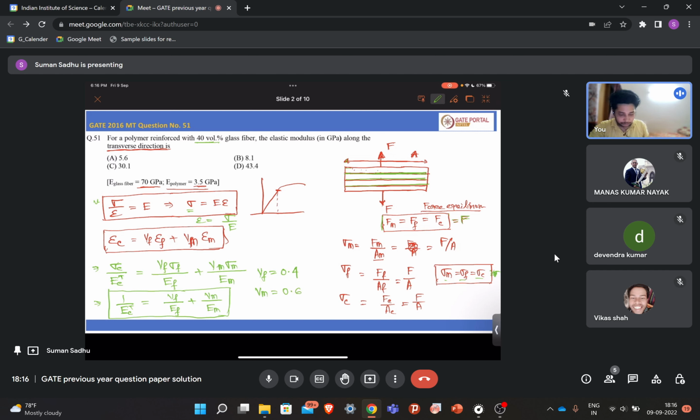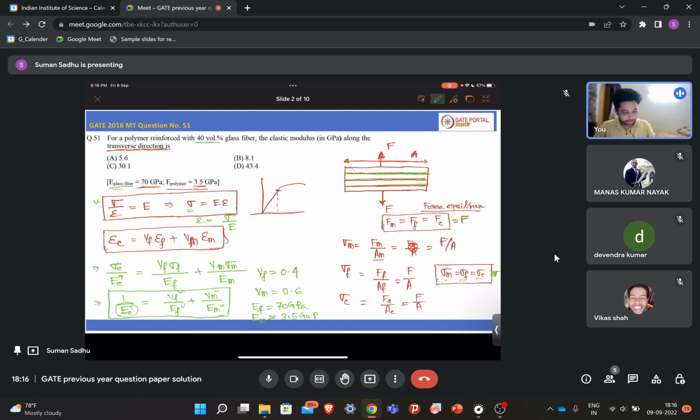Now also the E of fiber is given to us, that is 70 gigapascal, and also E of polymer or matrix. Here the matrix is the polymer, so E of M is 3.5. It is also given to us. So this is known, this is known, this is known. So we need to calculate this one, right?